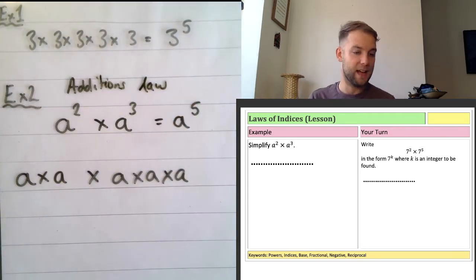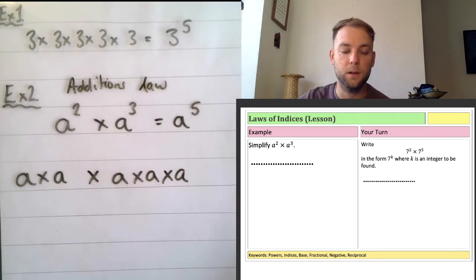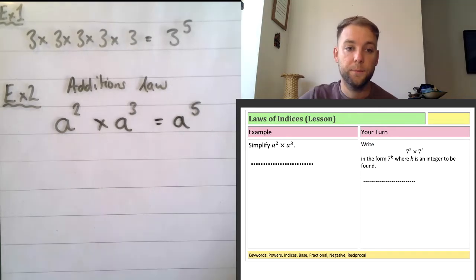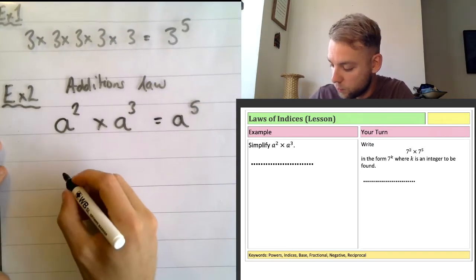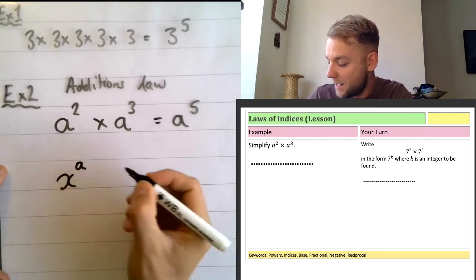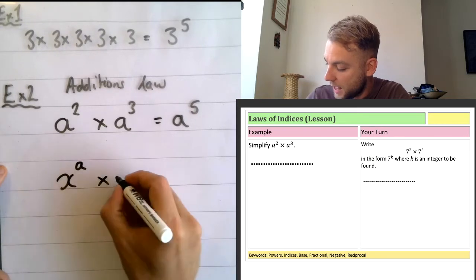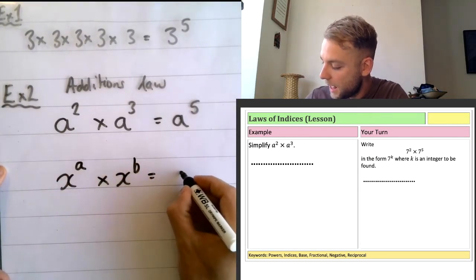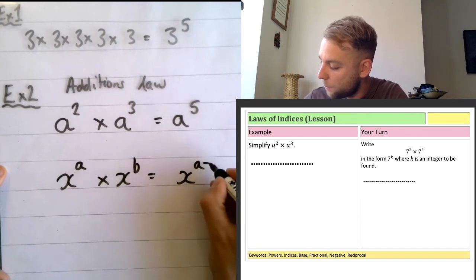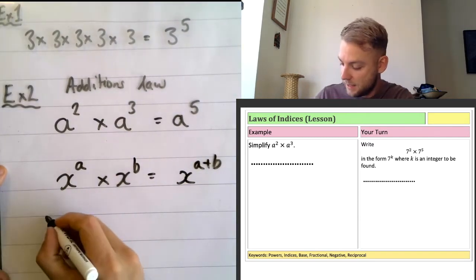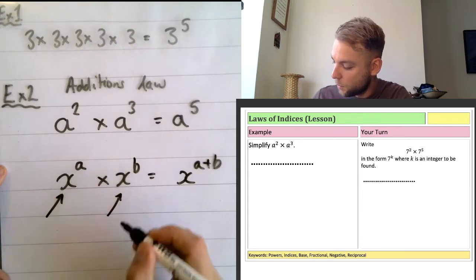You can write this down as a general rule if you want. I'll write that down for you now. So the general rule for this one would be that x to the power of a times x to the power of b is equal to x to the power of a plus b. So when you multiply two things together with the same base, and this is really important, it's probably worth thinking about this.